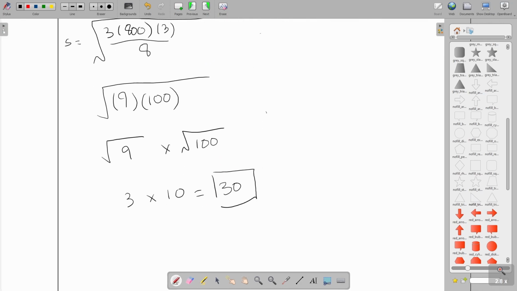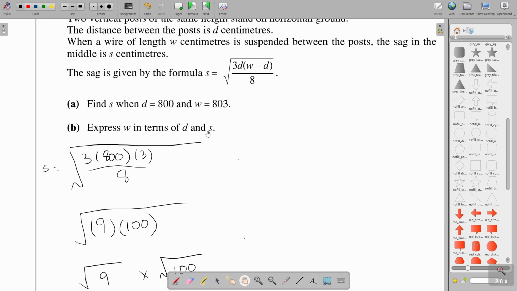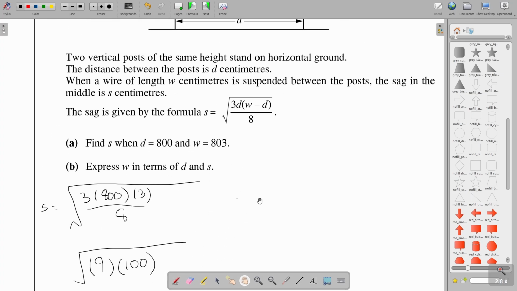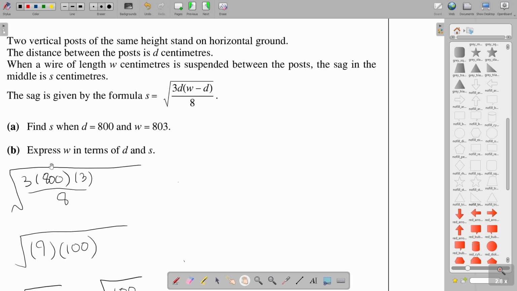So yeah, the answer is going to be 30 when D is equal to 800 and W is equal to 803. So express W in terms of D and S. So this just means make W the subject of the equation or the formula. So to do that, if I square both sides, I'll get S squared is equal to 3D(W minus D) over 8, and then I can send the 8 over there by multiplying both sides by 8.